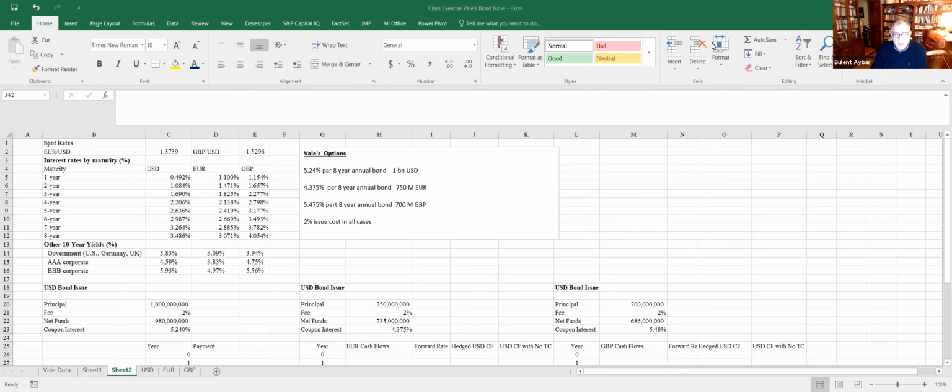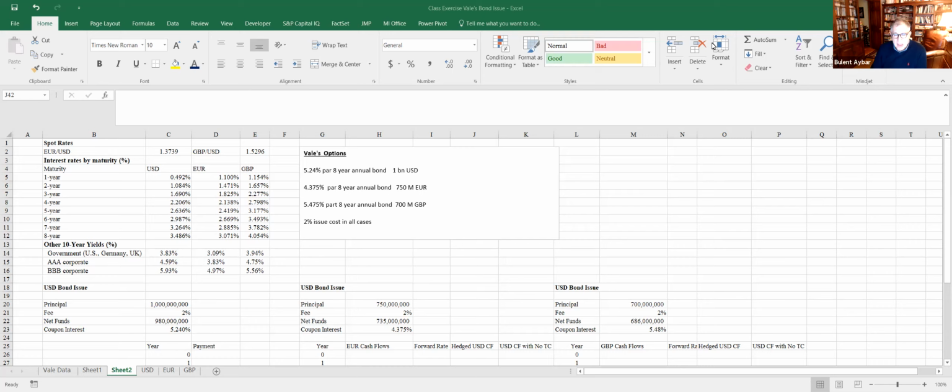in dollar terms. In the euro segment, they think that they can raise 750 million euros at a coupon rate of 4.375%. This is also an 8-year bond. And they also think that this bond could be placed at par. So the required rate of return in this segment in euro terms is 5.375%. The third alternative is a pound denominated bond.